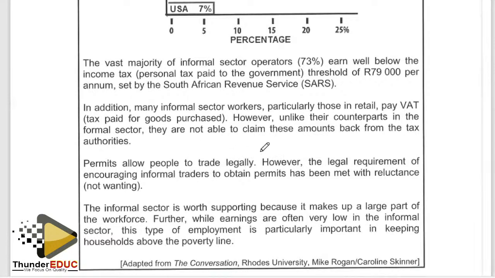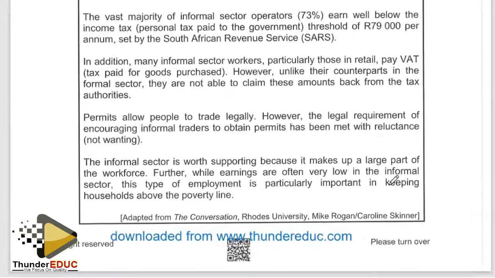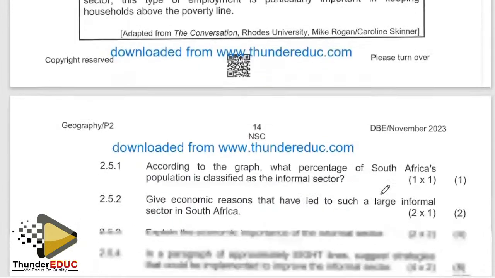However, the legal requirement of encouraging informal traders to obtain permits has been met with reluctance, not wanting. The informal sector is what is supporting because it makes up a large part of the workforce. Further, while earnings are often very low in the informal sector, this type of employment is particularly important for keeping households above the poverty line.